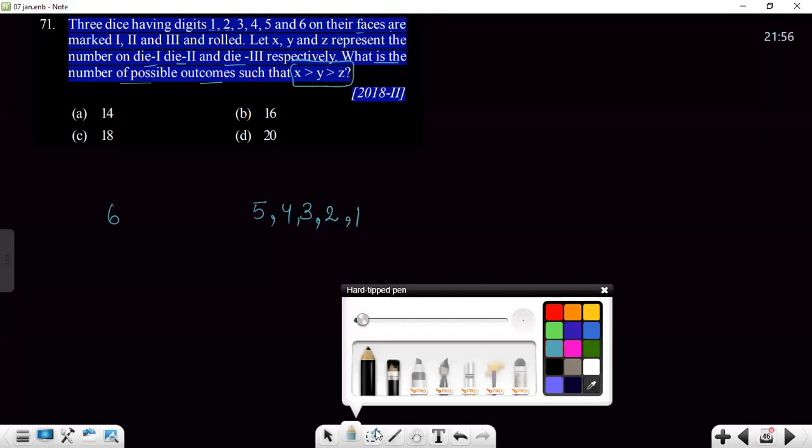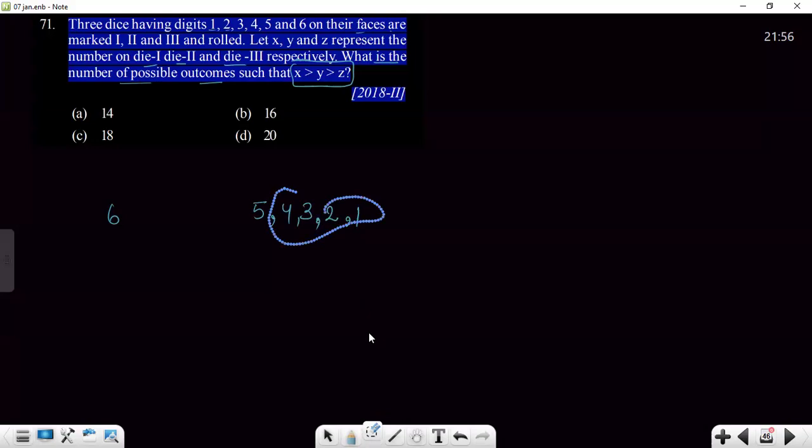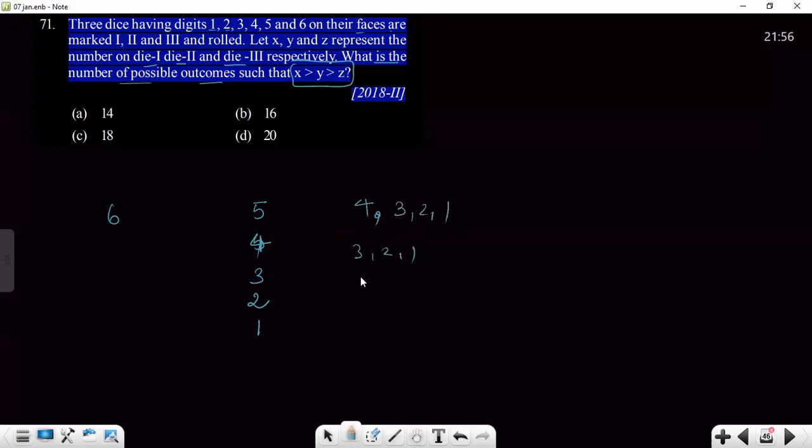Instead of writing like this, we will write in column manner: 5 or 4 or 3 or 2 or 1. Which numbers can we place here? Here can be 4, 3, 2, 1. Any number? 3, 2, 1. Any number? How many numbers here? 2, 1. How many numbers here? And this case will not happen because there is no number less than 1.